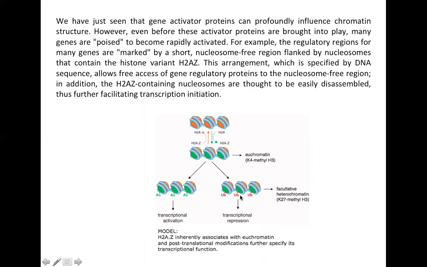And if this is ubiquitinated, this will lead to transcriptional repression. So these variants play a special role in the conversion of chromatin between the two forms, euchromatin and heterochromatin, and they also play a role in transcriptional activation and repression. And they're very important in regions where regulatory proteins bind.